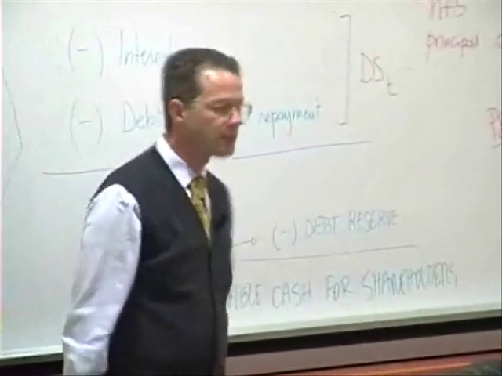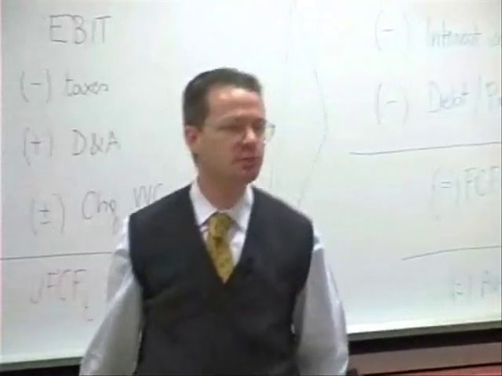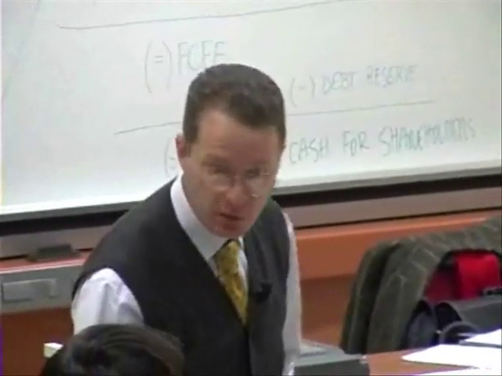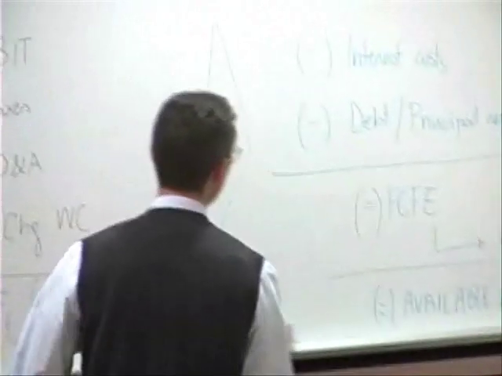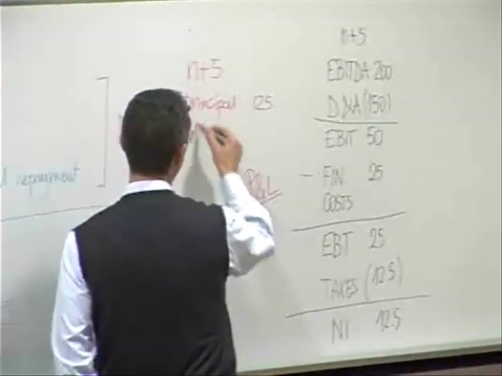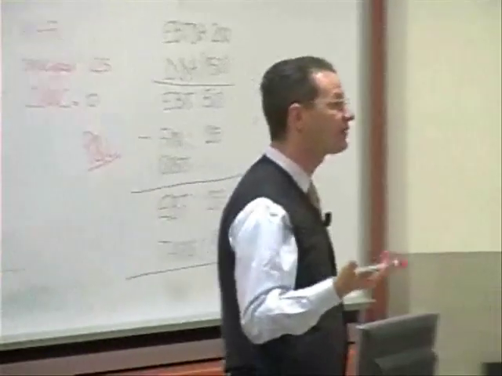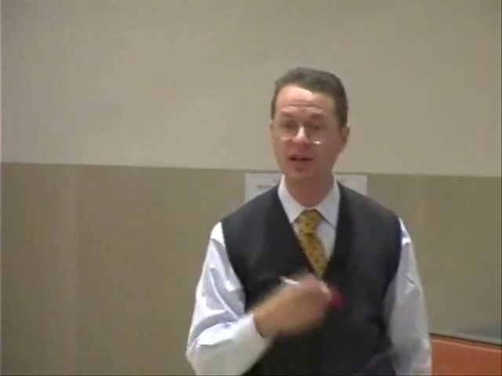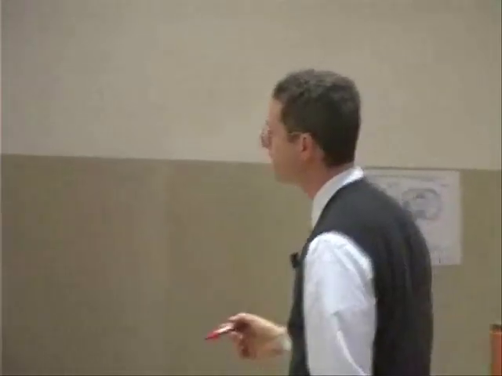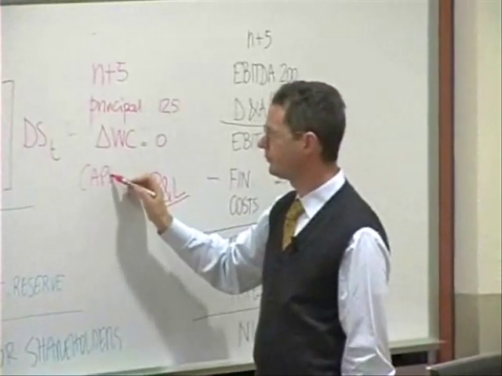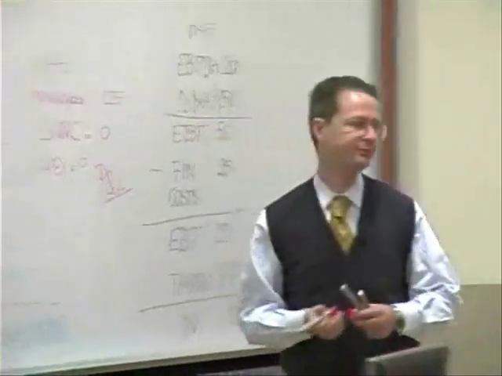Suppose I don't see any change in working capital, so change in working capital is 0. And obviously I don't have CapEx because I am in the operating phase, and in project finance I don't have CapEx in this phase. CapEx is 0.